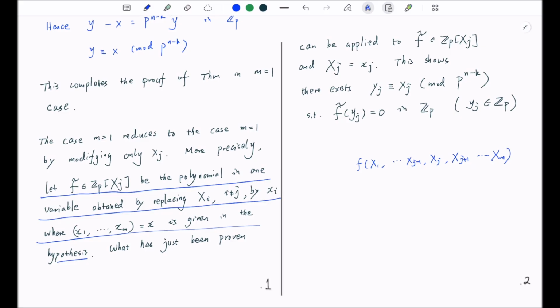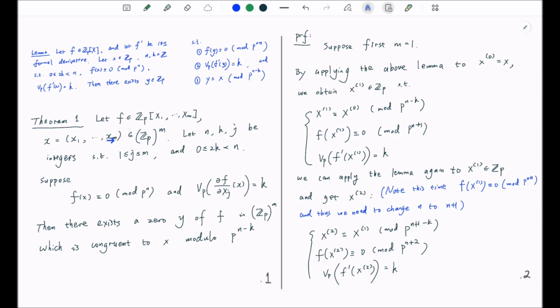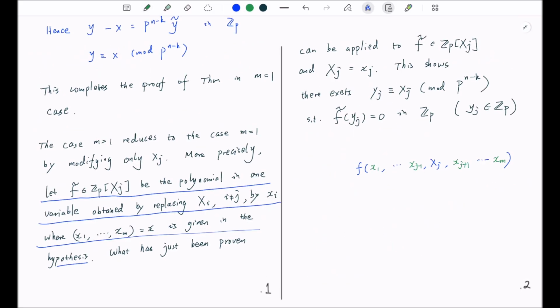And now we're going to replace all variables except for the jth variable by fixed values, where those fixed values are given in the hypothesis, where those little x1 through little xm are given. And we call the resulting single variable polynomial in xj f tilde. And this variable is still denoted by xj. So this is the definition for f tilde, and I hope this is clear.